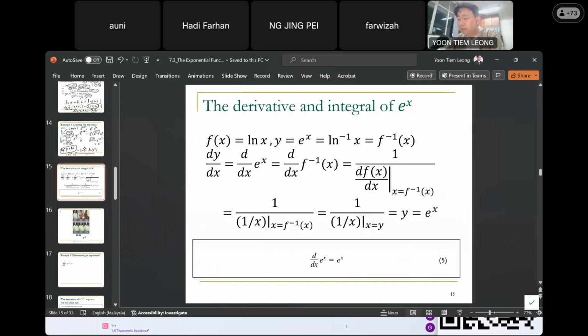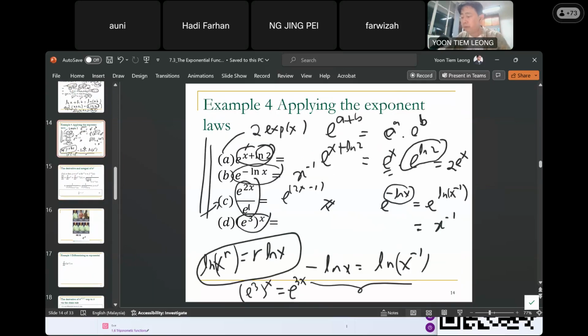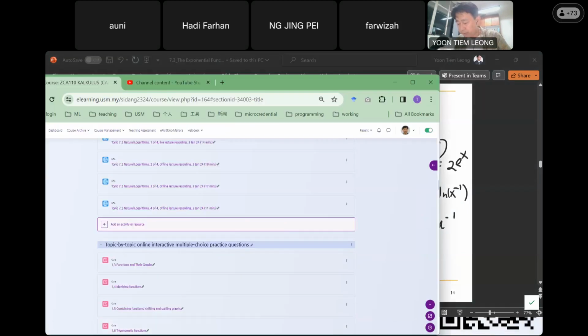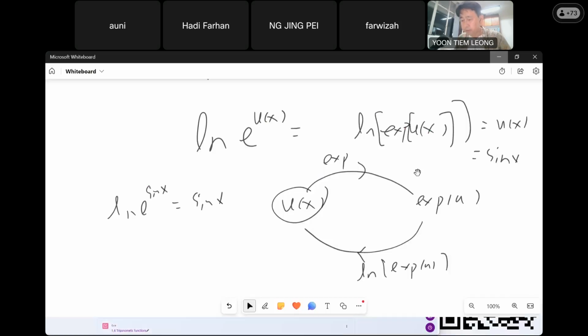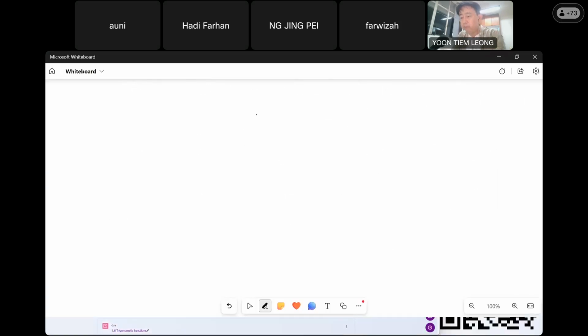So the next bit we want to talk about is the derivative of the exponential function. So here we have a very interesting thing to talk about. That is, what is the derivative of the exponential function? So here we define the exponential function to be e to the power of x.